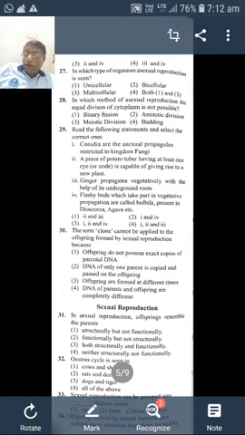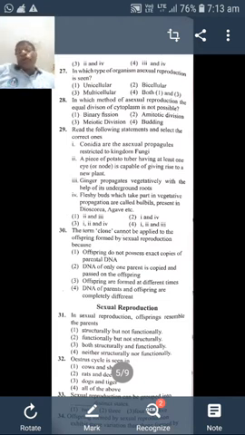Conidia are the asexual propagules restricted to kingdom fungi. Conidia, the asexual reproductive structures, are produced only in fungi. Okay, right. A piece of potato tuber having at least one eye, eye means what you call, it represents the node, is capable of giving rise to new plant.